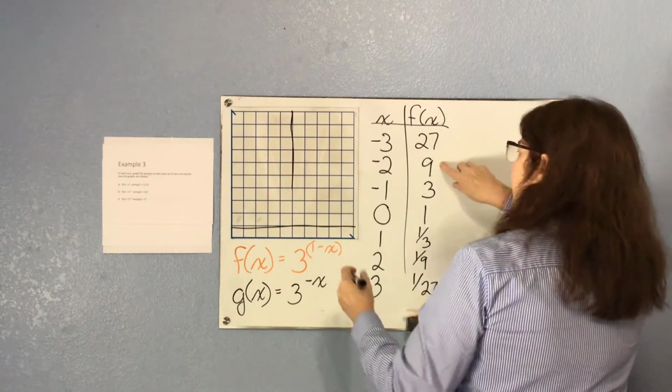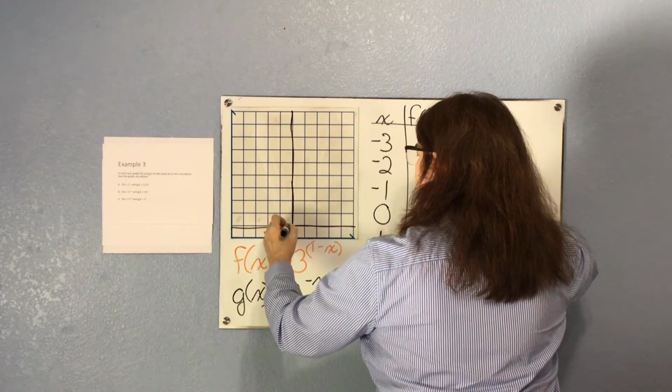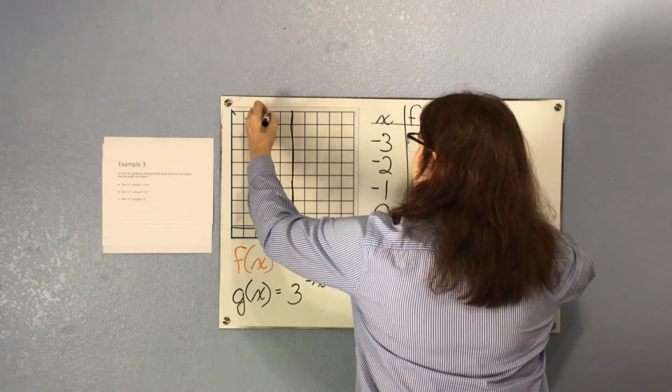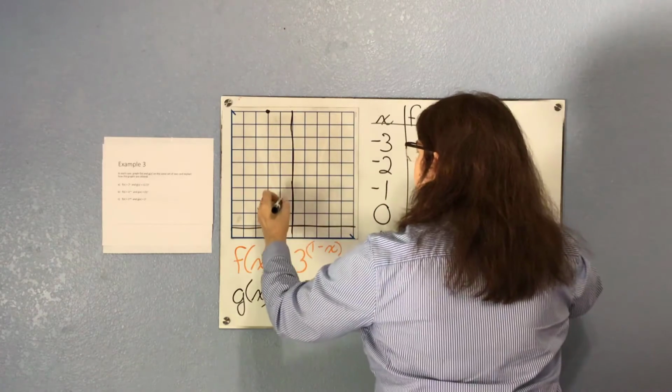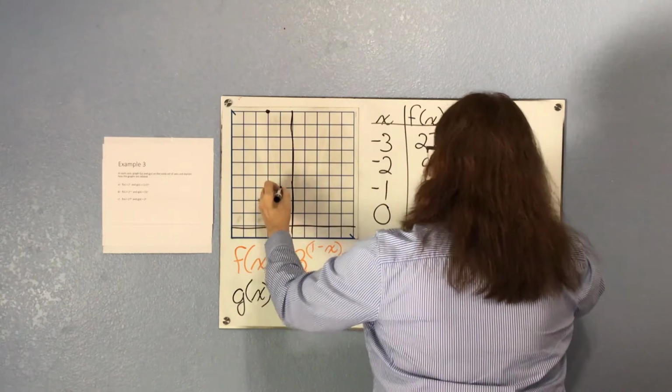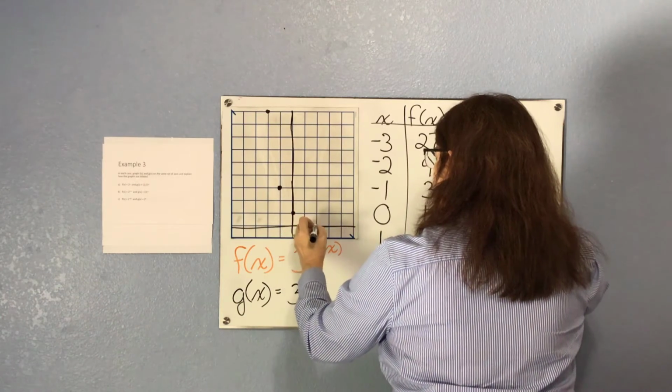So we're going to have to start at this point. So -2, 9, -1, 3, and so forth.